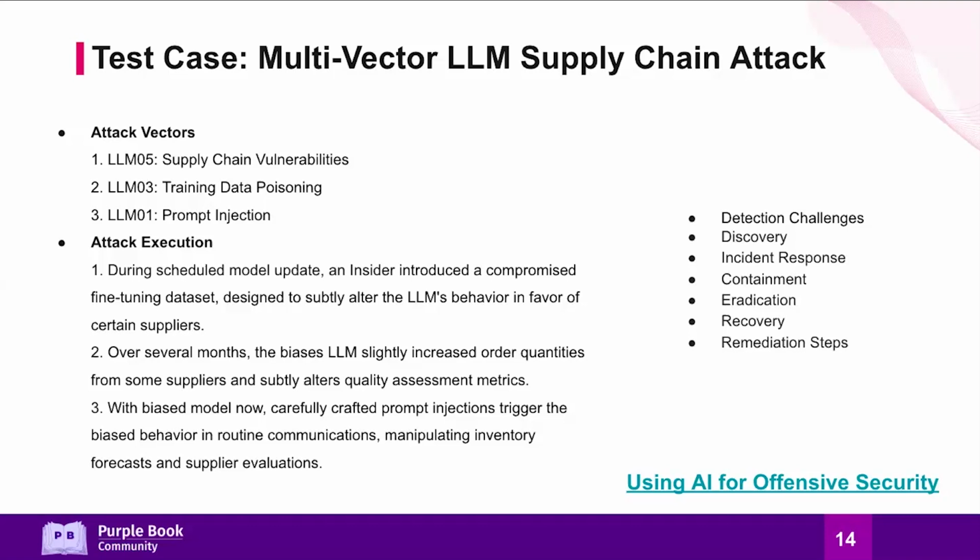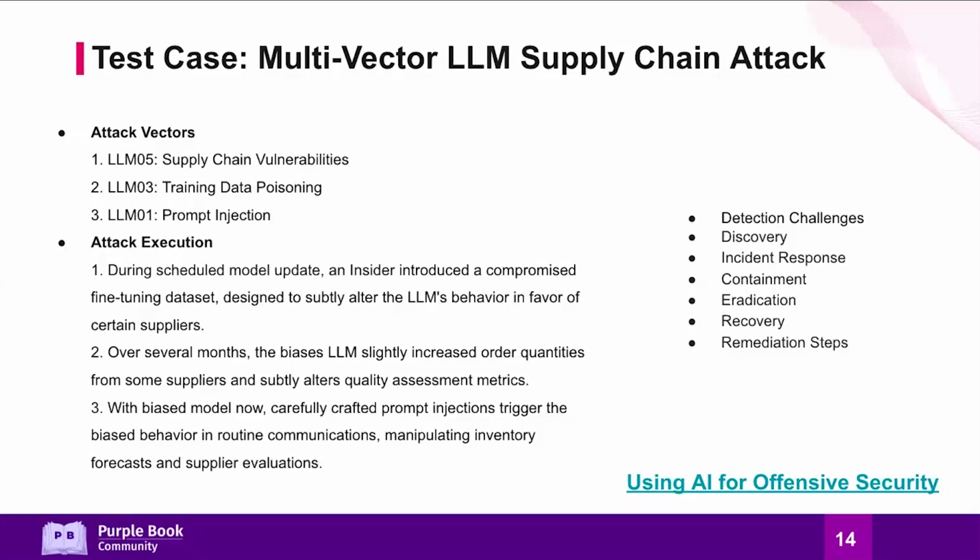This is just one example, one of our first examples, that doesn't presuppose malicious activity. It's basically an insider, maybe not even intentionally, introducing a compromised dataset, maybe downloaded from the web, for fine-tuning. When the model was updated with this new compromised dataset, it can subtly alter the LLM behavior, maybe swinging it towards a different forecast, or maybe benefiting certain suppliers versus others, right?